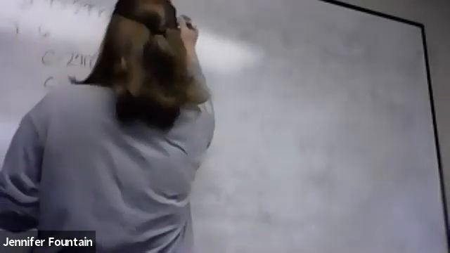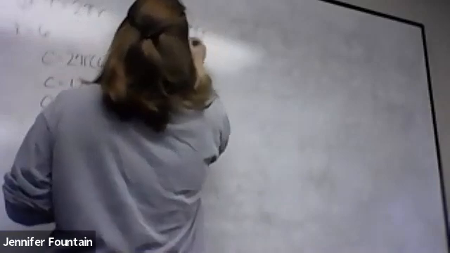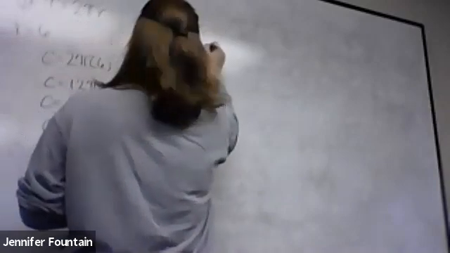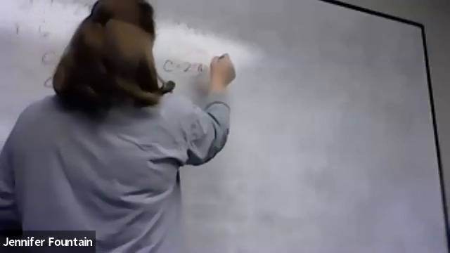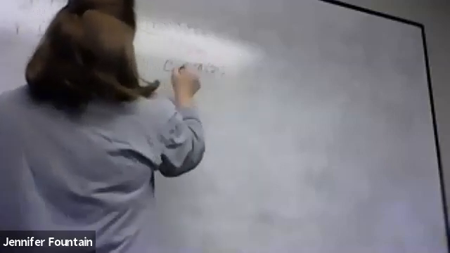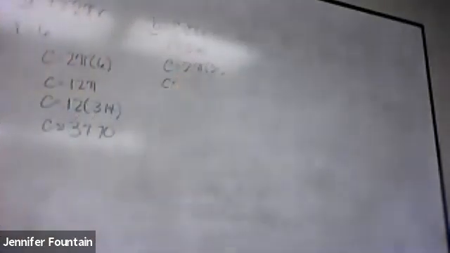Let's look at letter B. What does it say the radius of this circle is? 31 meters. The radius is 31 meters. So I'm going to have C is equal to 2 times pi times 31. What is 2 times 31? What information do we have in this problem?